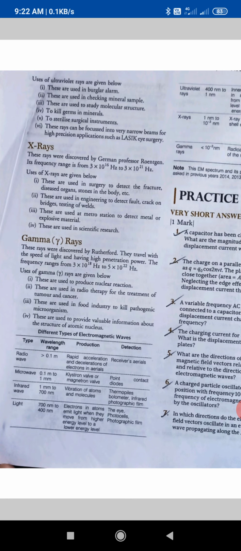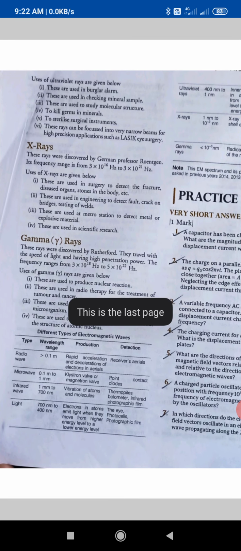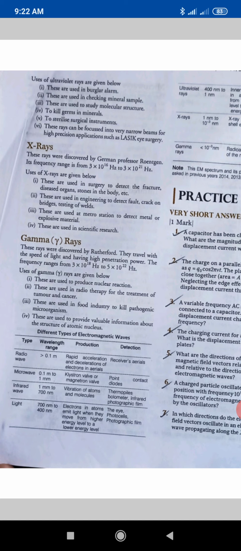Gamma rays. These rays were discovered by Rutherford. They travel with the speed of light and have high penetration power. The frequency range of gamma rays is 3 into 10 to the power 18 Hz to 5 into 10 to the power 22 Hz.